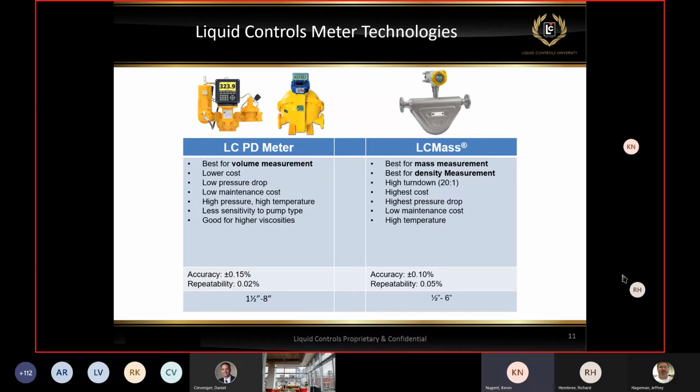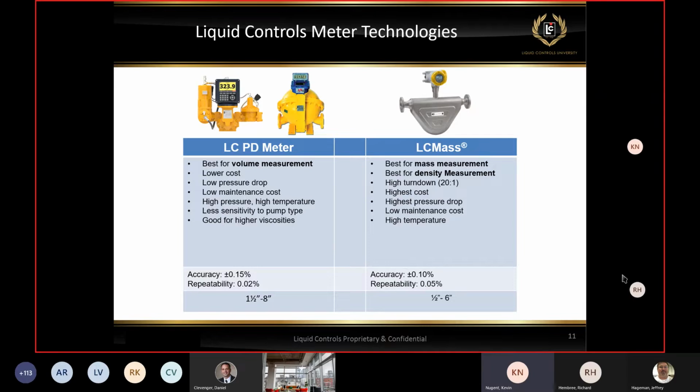Here are some of the features regarding the two principles of measurement that we offer. On the left, you see the positive displacement meter. On the right, you see the LC mass. If we're into volume measurement, our PD meter is probably the best way to go. It has a lower cost, low pressure drop.